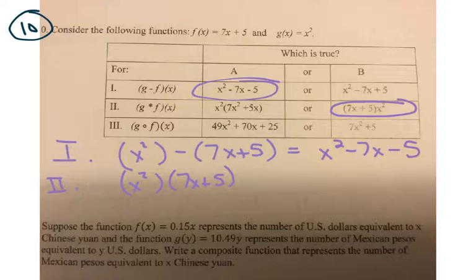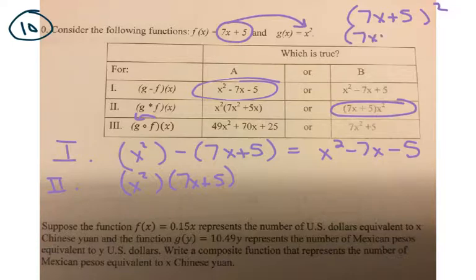Now, for Roman numeral 3, they ask us to do a composition on functions. Remember, the second function gets plugged into the first one. So g of f says take this and plug it into that. When I do that, I'm going to get 7x plus 5 squared, which is clearly not 7x squared plus 5, because whenever you square something, you have to write it twice, and then you've got to FOIL it.